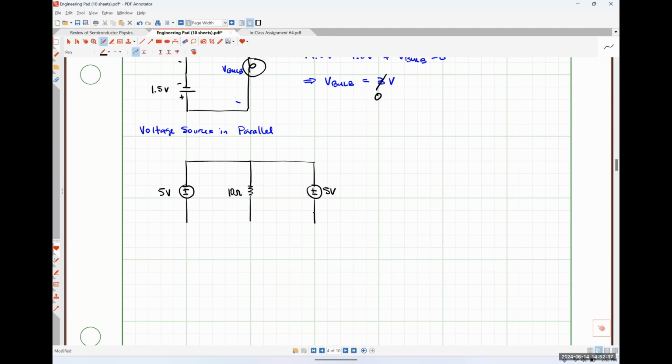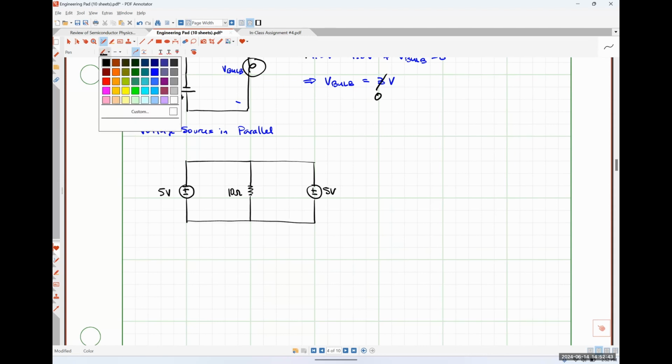And over here, I have a 5-volt source. So I'm going to ask you guys what I hope are some fairly obvious questions, but it's okay if you're a little confused or anything.